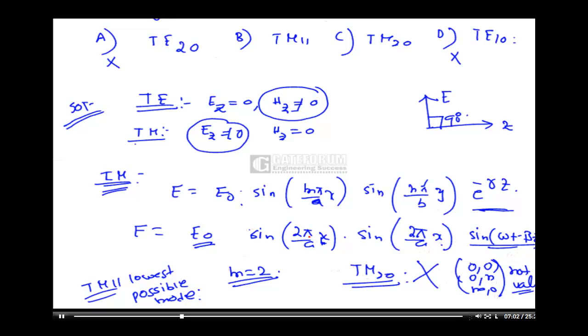It is not sine 2 pi by a x, it is sine pi x by a, similarly sine pi y by b. Even if you compare with the standard equation, m is equal to 1 and we have to consider n is equal to 1 only. Don't consider n is equal to 0, because a 0 combination is not possible. So obviously the answer is TM11.